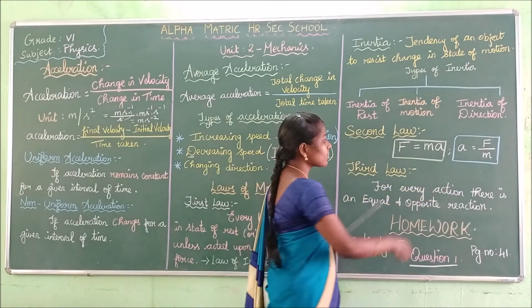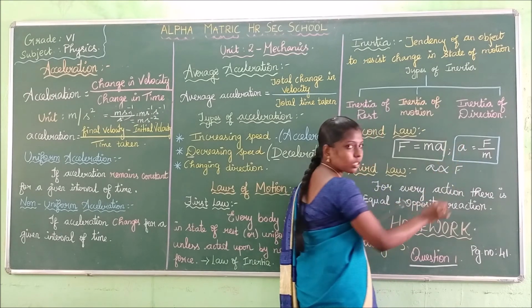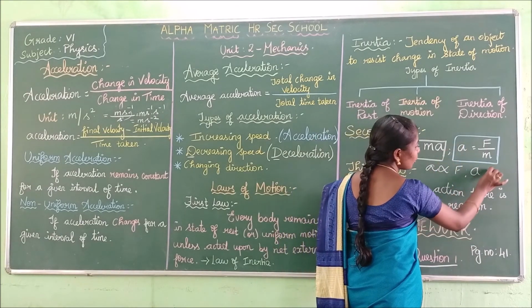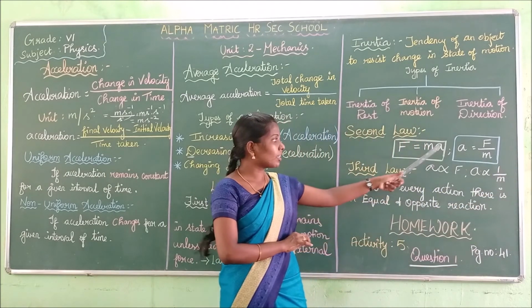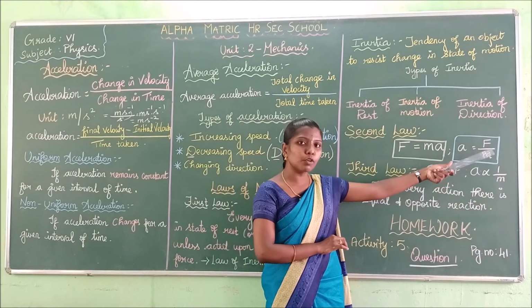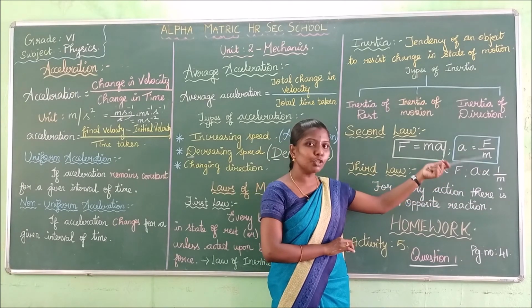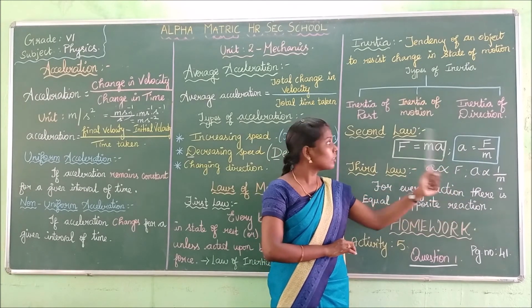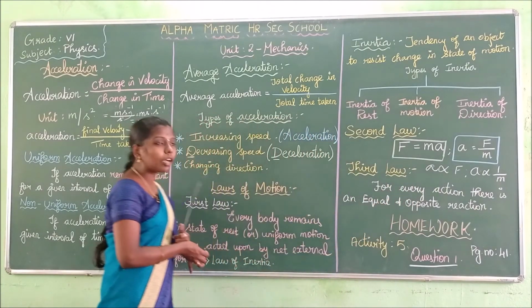Is it clear? Acceleration is directly proportional to force and it is inversely proportional to mass. Acceleration is directly proportional to force acting on a body and it is inversely proportional to mass of the body. This is Newton's second law of motion. What is Newton's second law?